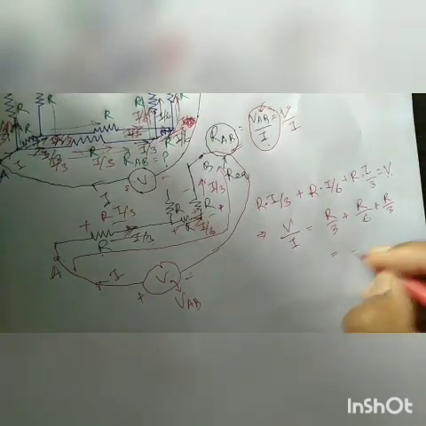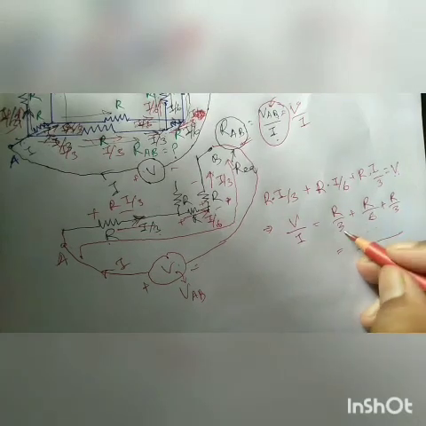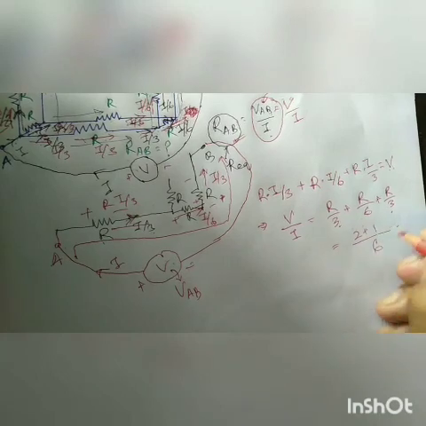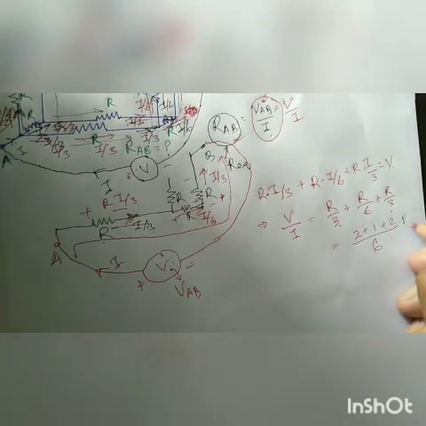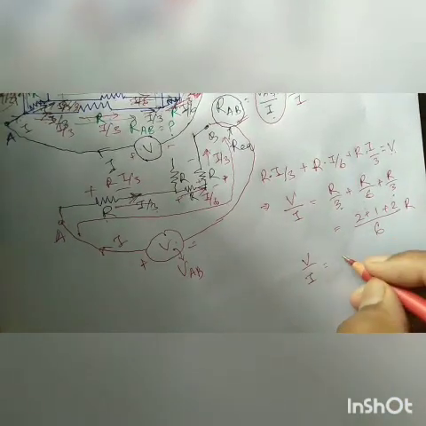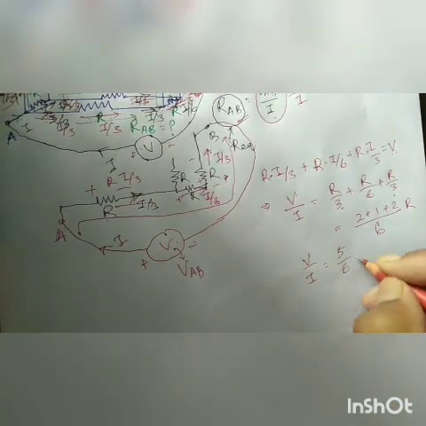If we calculate, taking LCM 6, it is 2 plus 1 plus 2 R. So V by I gives the result 5 by 6 R.